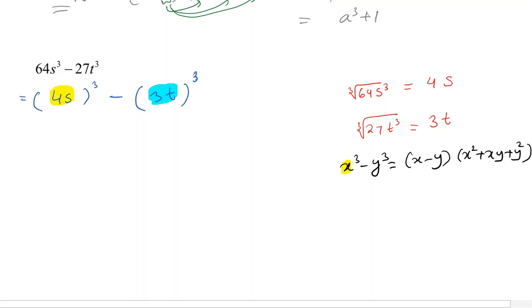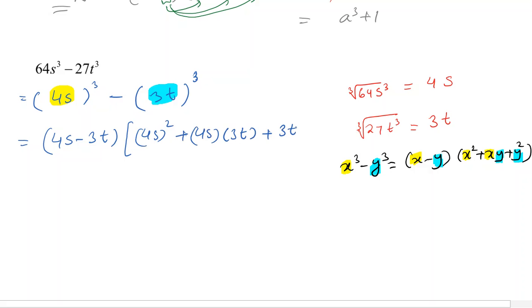Just remember that in this case, in place of x, you have 4s, and in place of y, you have 3t. You use your numbers accordingly. So we're going to use the formula x cubed minus y cubed. So we have x minus y, which means 4s minus 3t, then x square plus xy plus y square.